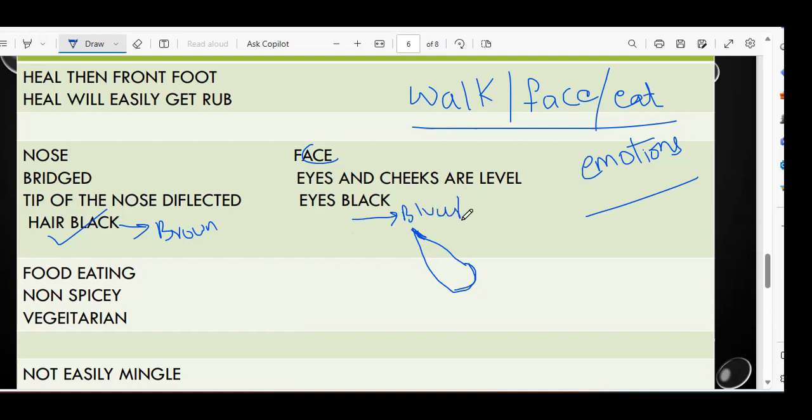So you have to observe all these things. Let's see one more time. First you saw the walking style. Next you are observing the face. First the nose. Nose is bridged, there is a slope.